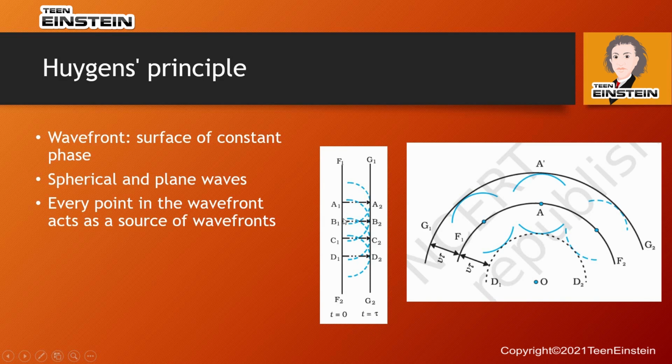Let's see here the points A1, B1, C1 and D1, they themselves create so many wavefronts. And if you take the points with the same phase and join them together, then you get another wavefront. This is how a wave propagates in a three-dimensional way. That's why waves always spread, because every point in the wavefront acts as a source of wavefronts.